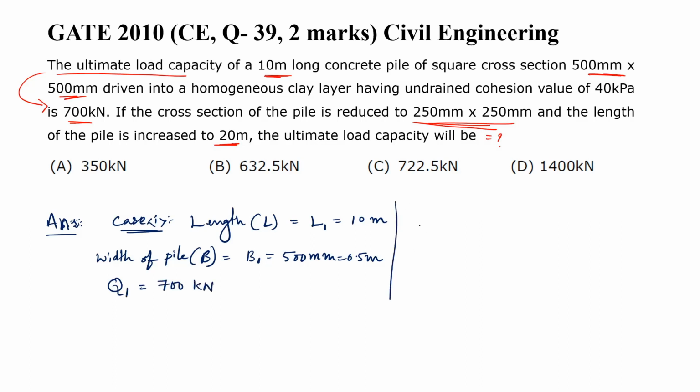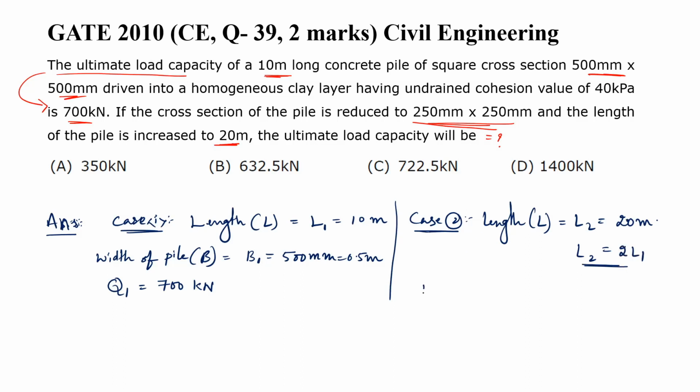So in case of second, the length L equal to L2 is 20 meter, right? If you want to write L2 in terms of L1, see L1 is 10 meter, L2 is 20 meter, that you can say 2 into L1, right?